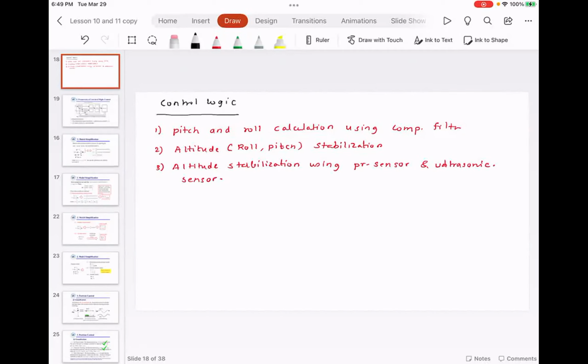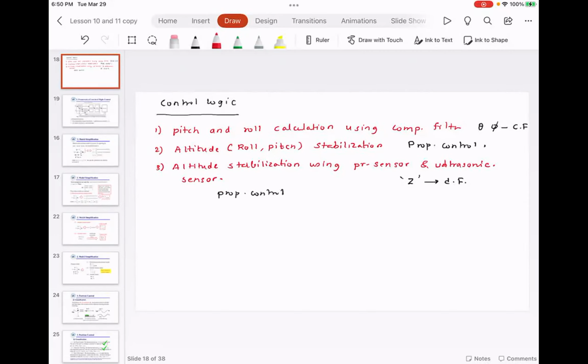So let me write this down. Theta and phi using complementary filter. Here you will find Z using complementary filter. And then you can just use proportional control. Initially, here you can use the proportional control.